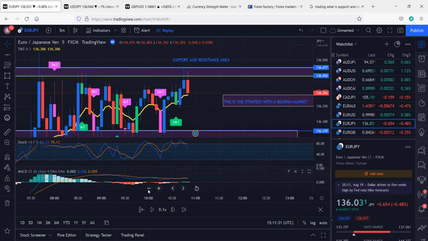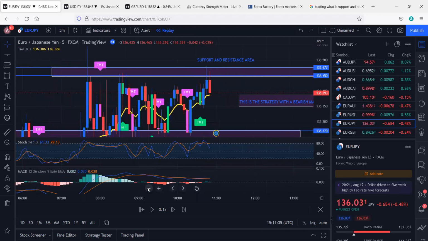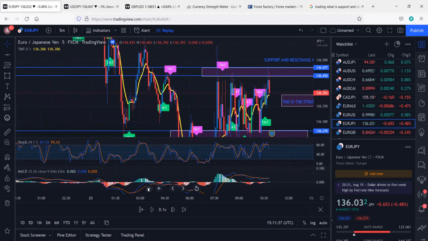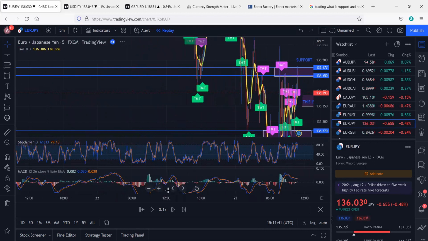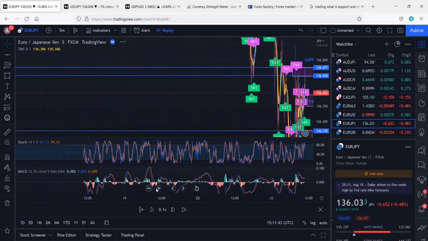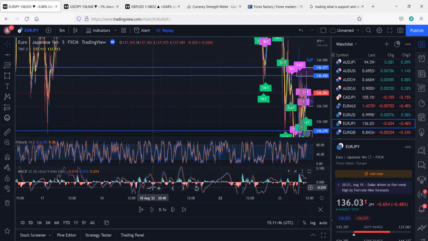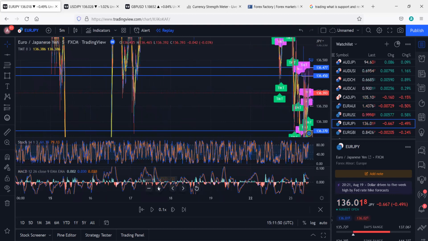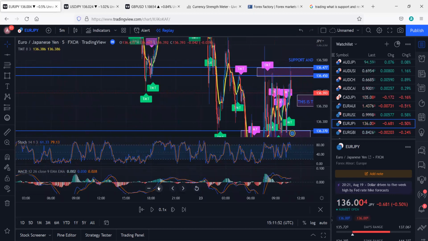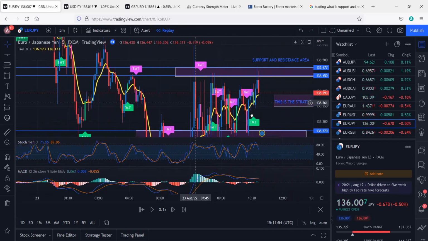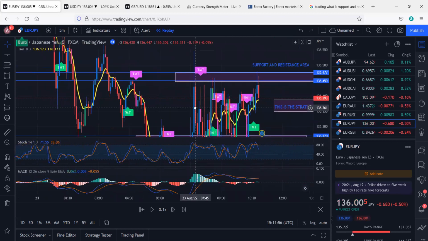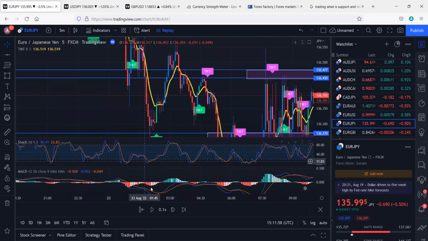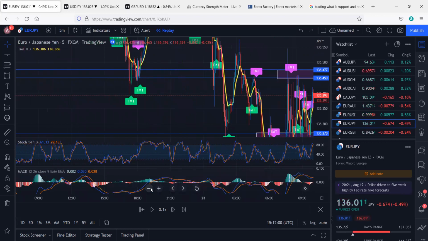Now, you may ask, Ali, how did you find the support resistance area? I've got that solution for you guys as well. Let's go further back in the market. See what was the area. Now, ladies and gents, here, second, there we go.